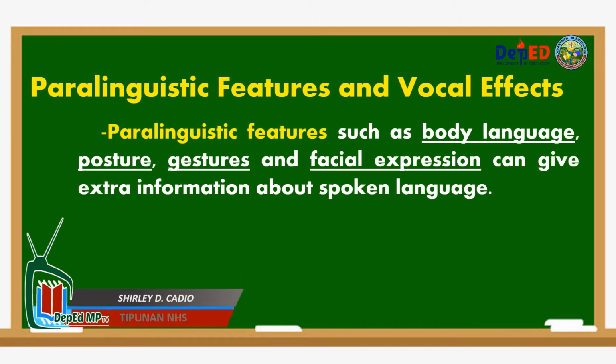Now, how about the paralinguistic features and vocal effects? What are they? Paralinguistic features such as body language, posture, gestures, and facial expression can give extra information about spoken language.